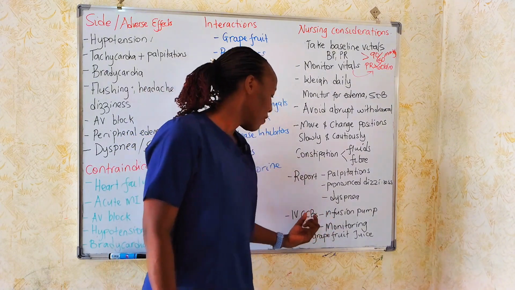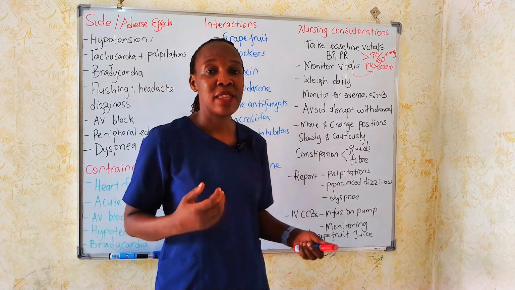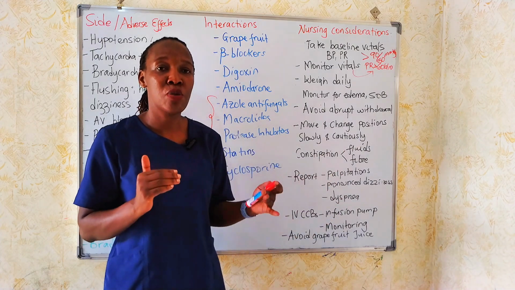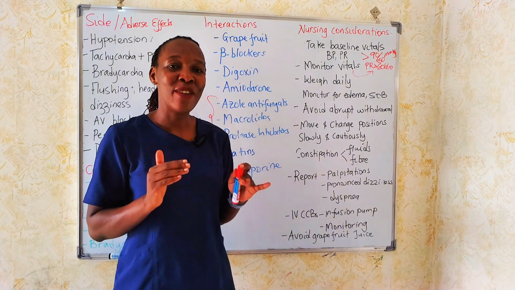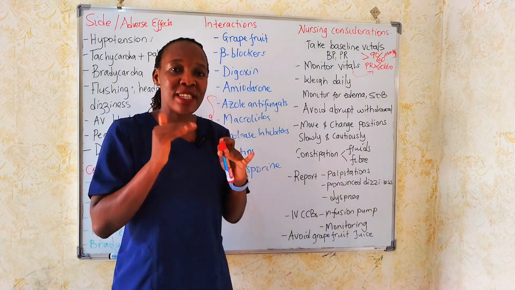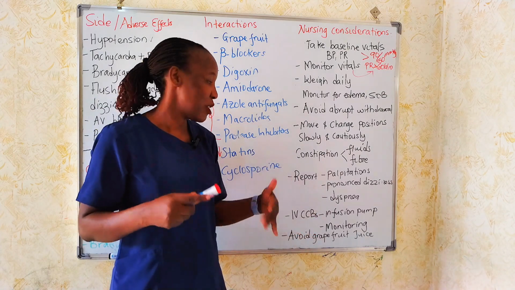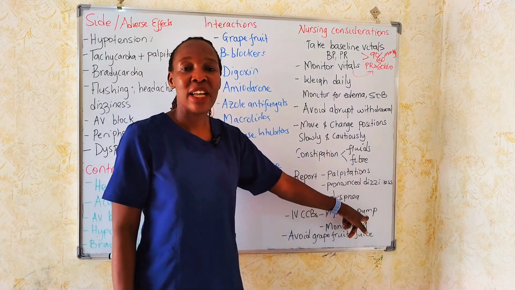And then when we are giving these calcium channel blockers intravenously, we want to monitor these clients closely, because intravenous administration is a sure way of getting the drug directly into the blood, and therefore the effects are usually very fast and sometimes more pronounced. To prevent the adverse effects that might occur very fast, one, we want to give these medications using an infusion pump.